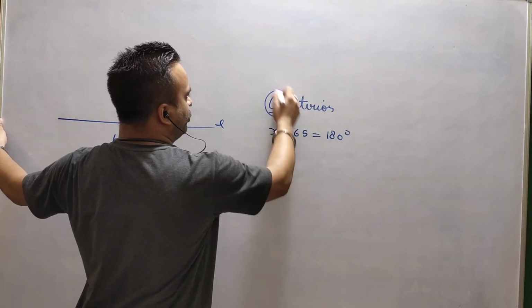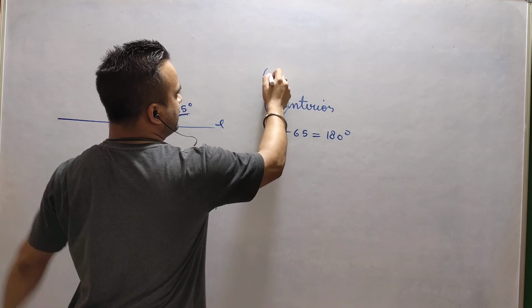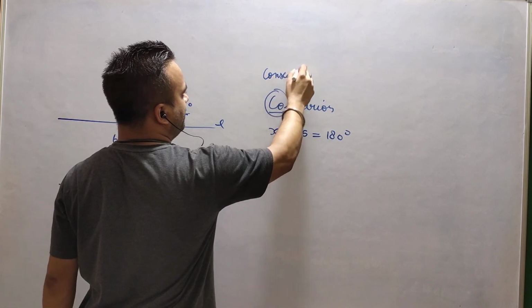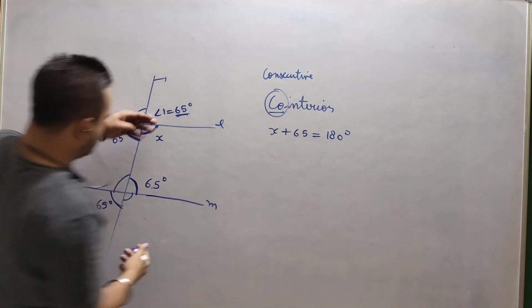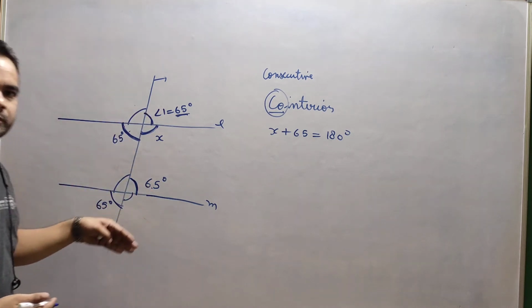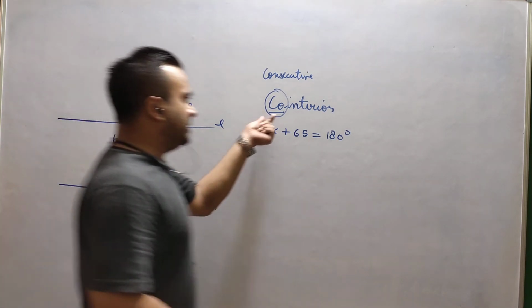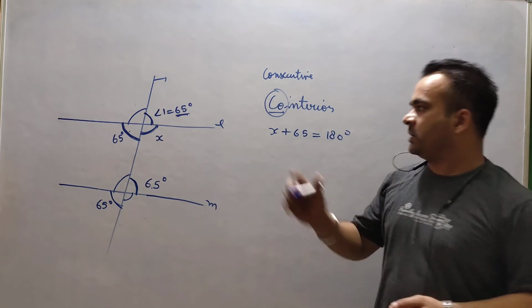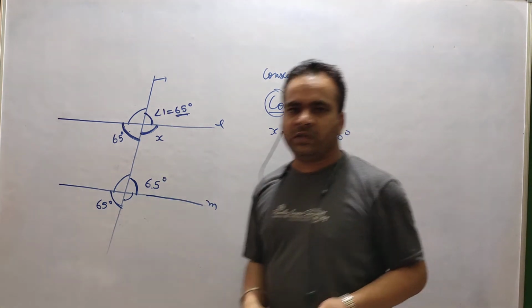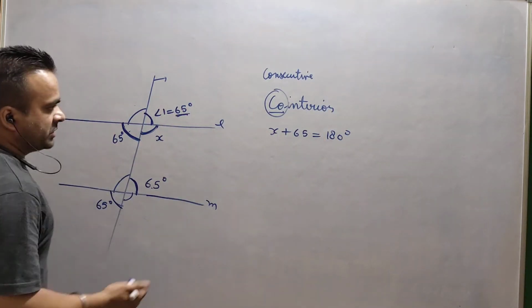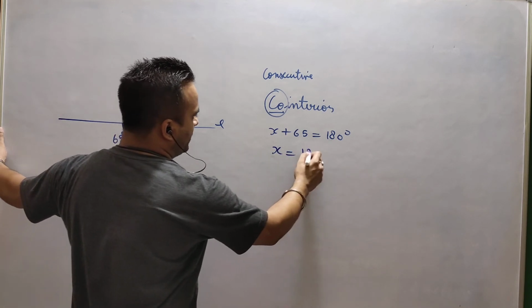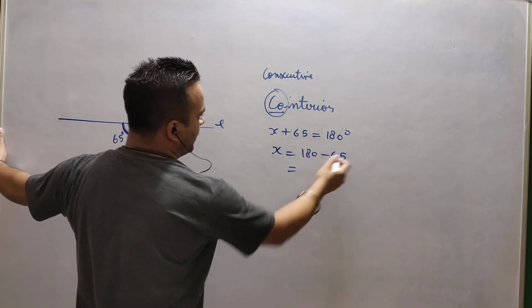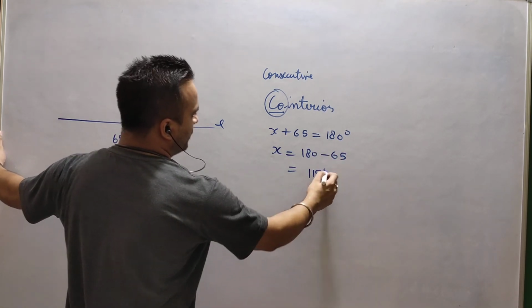I have already told you, co generally means conjugate. We call it conjugate interior angle because the conjugate of this one is this. But sometimes, for better understanding, you can think of it as the same direction but in the interior. That is the better way to understand. Now it will be 180 minus 65, which is 115 degrees.